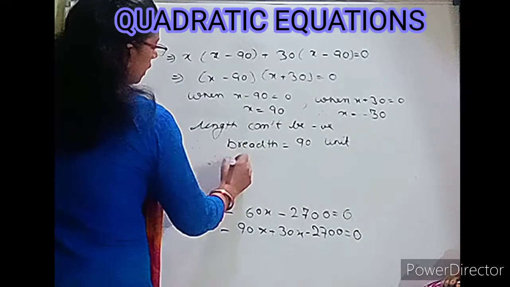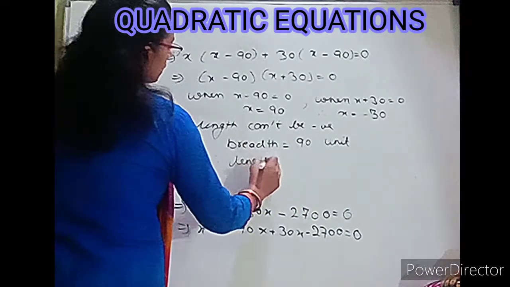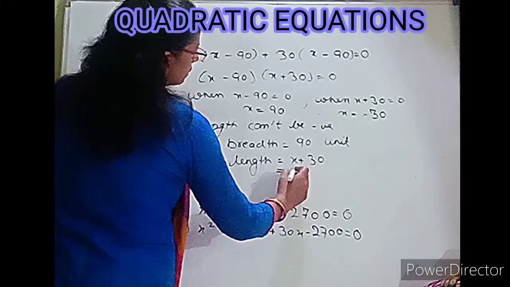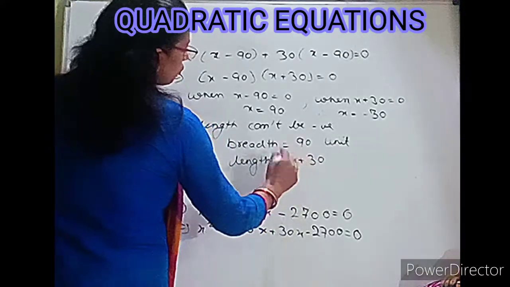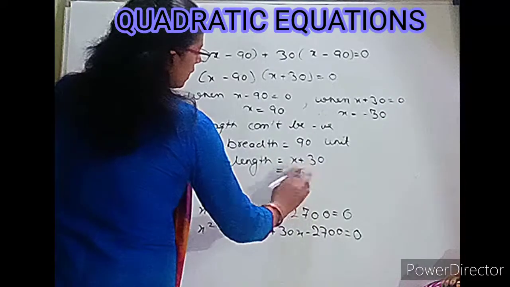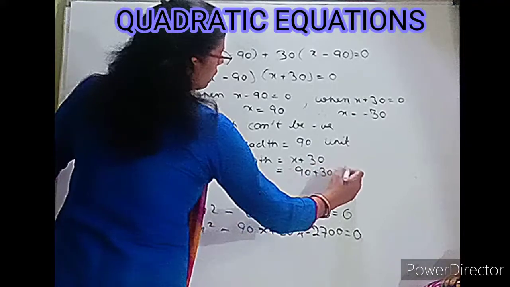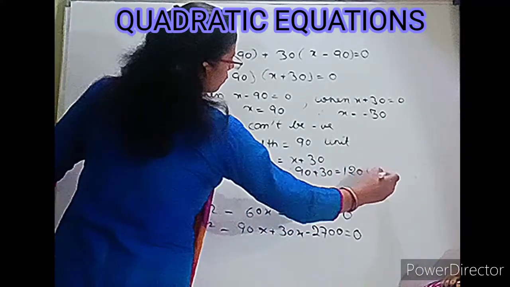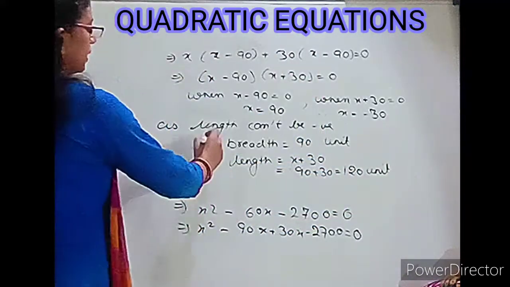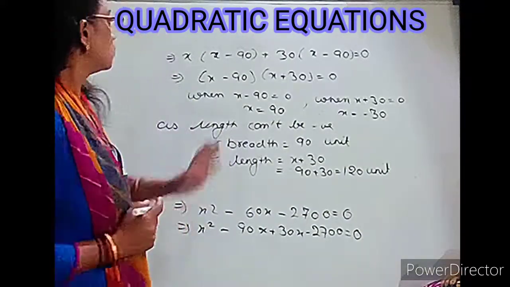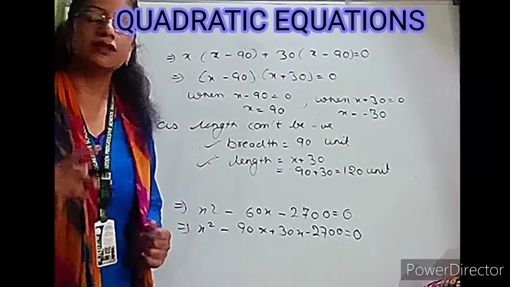And therefore length, what was it? 30 more. So x, 90 plus 30, you will get 120 unit. So length and breadth, the two sides, you got for this question. This was your question number 6.